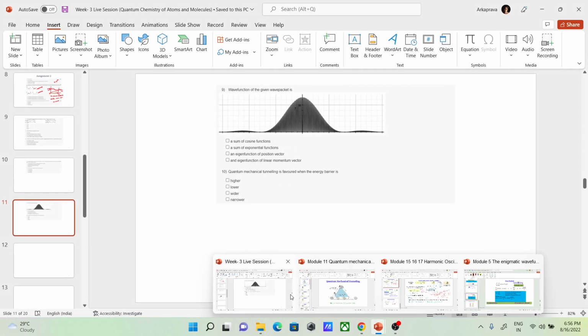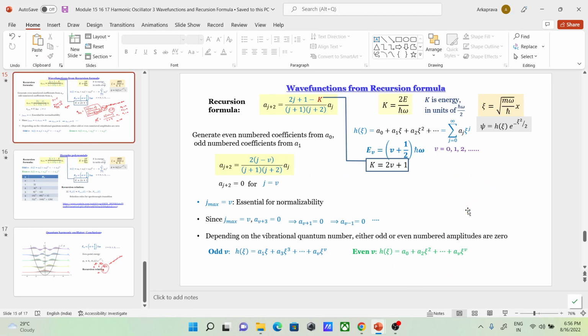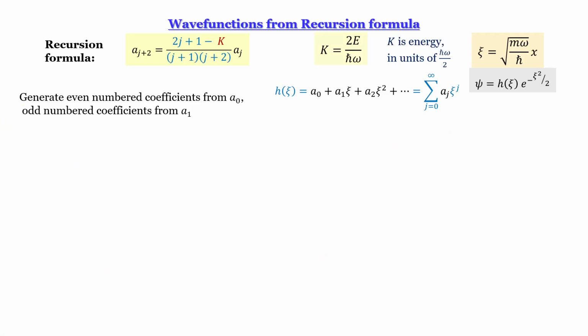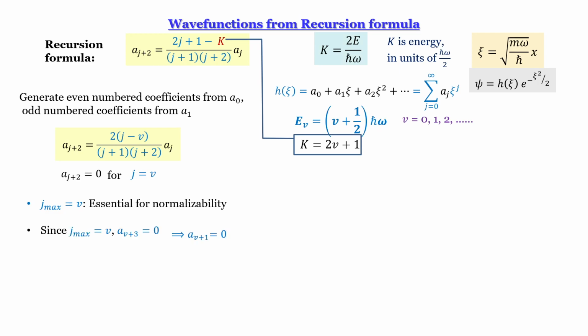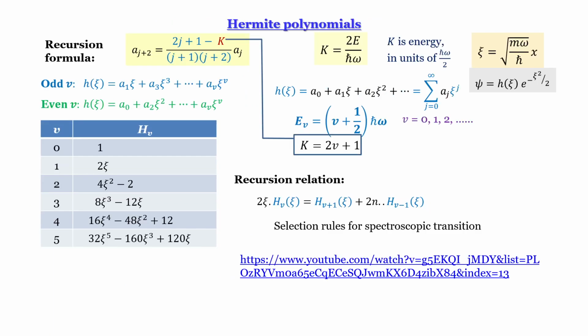Where are we after this slide? Now, to find the wave functions, we should multiply the Gaussian with the corresponding Hermite polynomial, and there was a constant N_v.